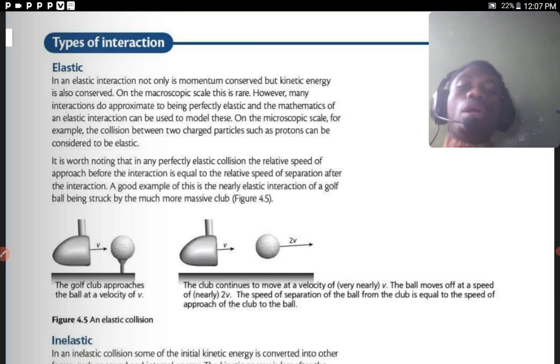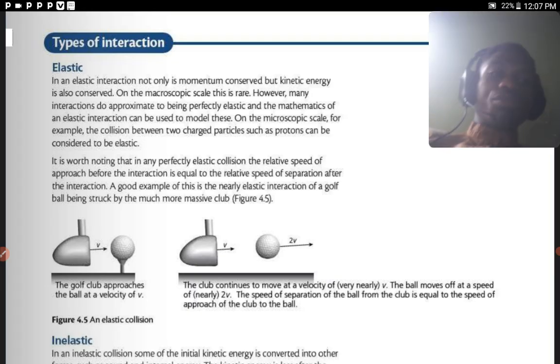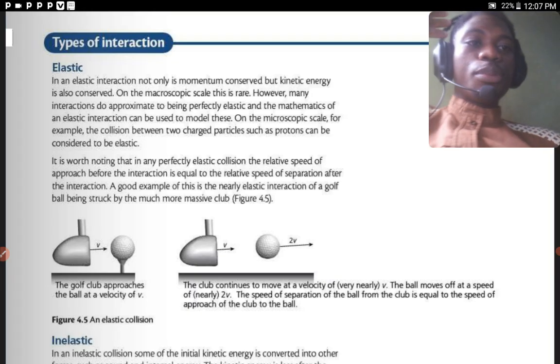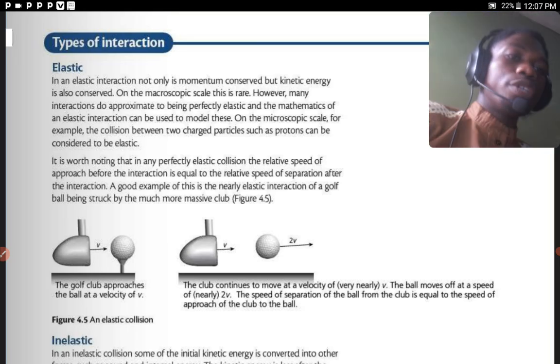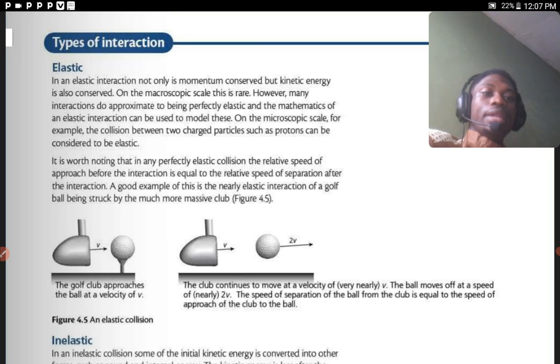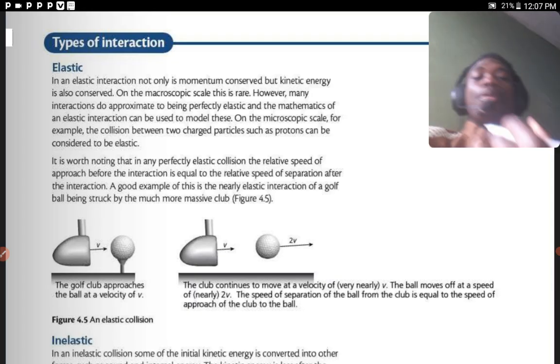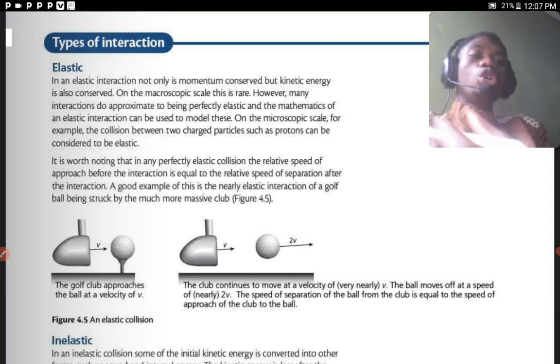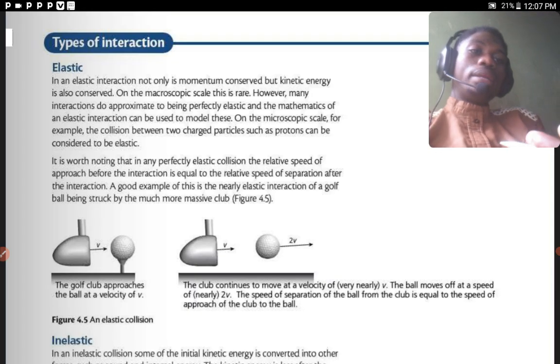in any elastic collision, the relative speed of approach before the interaction is equal to the relative speed of separation after the interaction. When we talk of speed of approach, we mean the speed at which the particles are coming, because we're talking about interaction of two or more particles that come together.